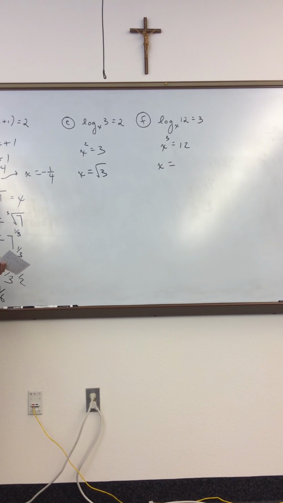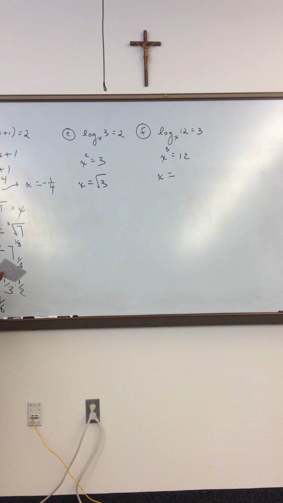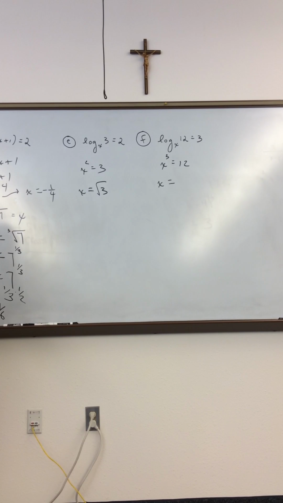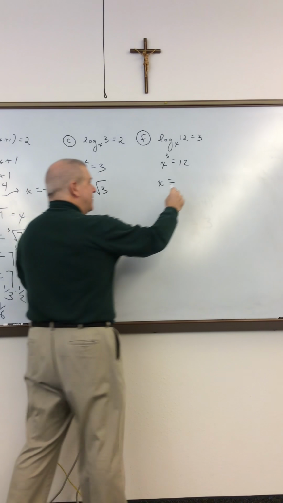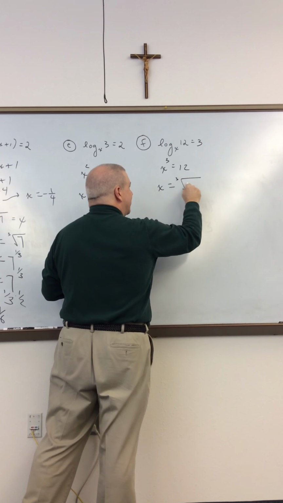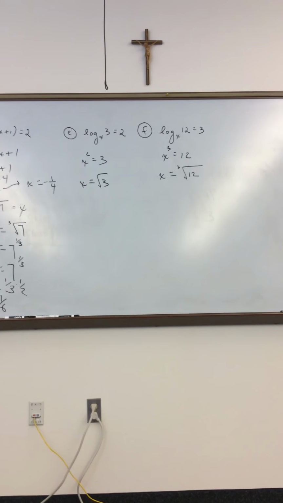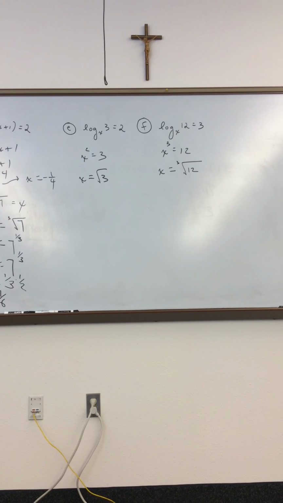How would you write it? Just do the cube root on both sides. 12 is not a perfect cube, right? So all you can write is the cube root of 12. Can you reduce the cube? Does 12 have any factors that are perfect cubes? That's the answer.